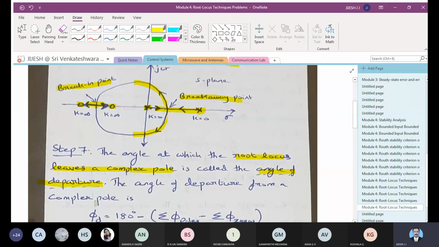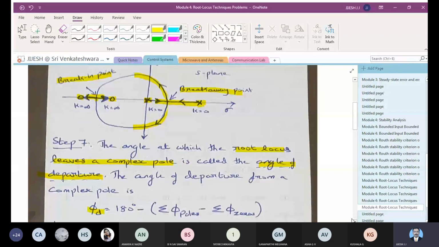Phi d indicates the angle of departure, and it can be calculated as 180 minus summation of phi poles plus summation of phi zeros. So the angle at which the root locus leaves the complex pole is called the angle of departure.